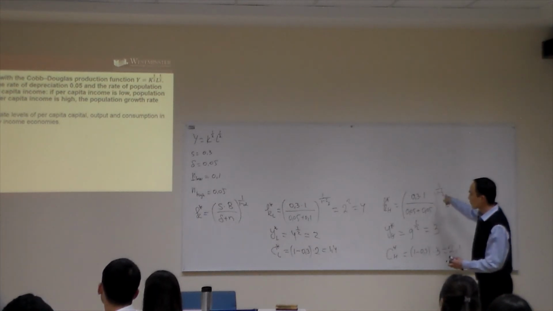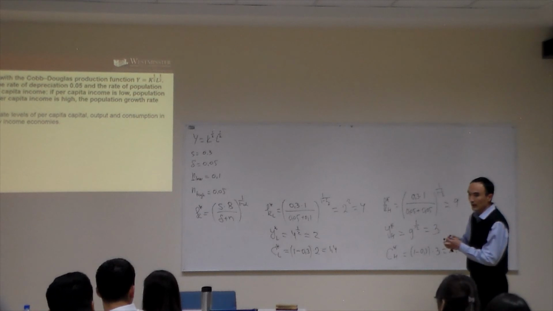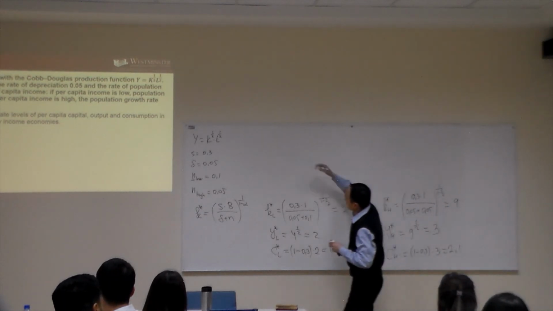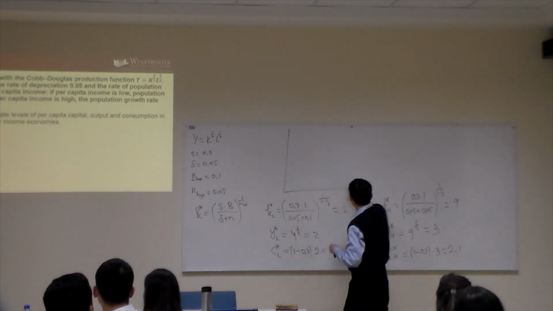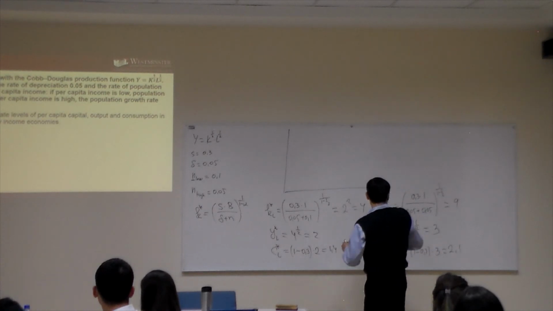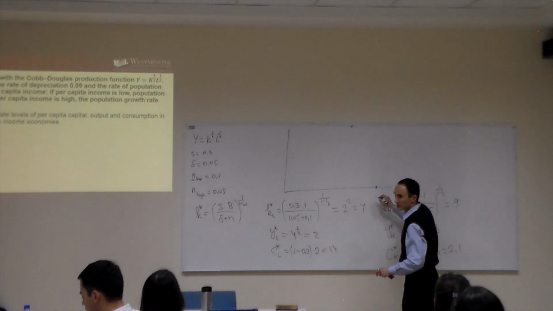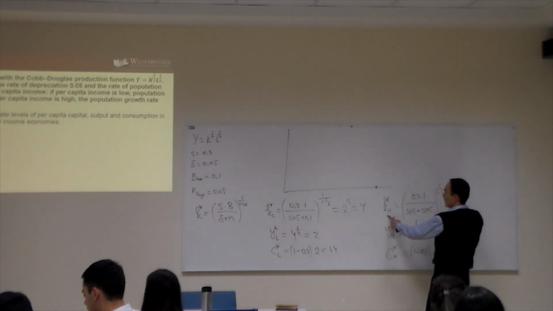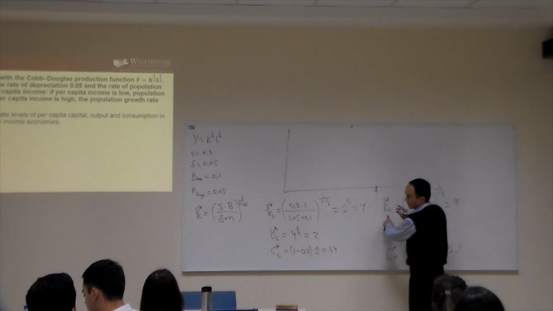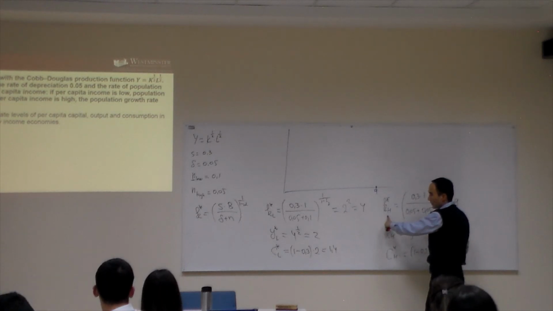So now let's graphically plot it in the graph. If we plot it in the graph, our output now for the high income country is, capital is 9 in steady state level, right?